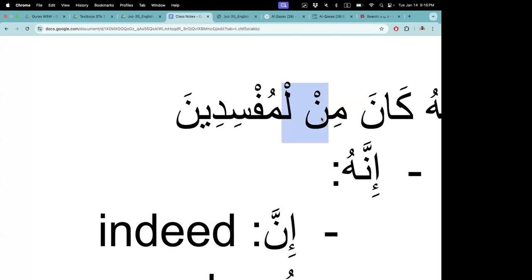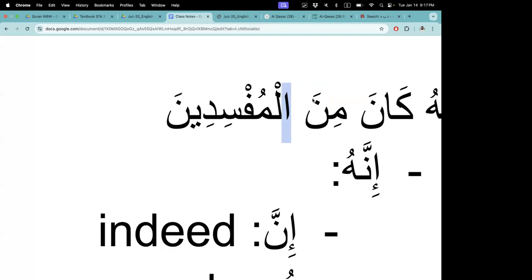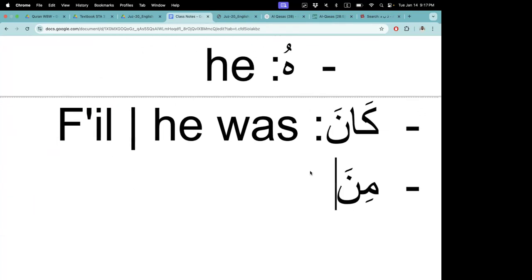Believe me, this is the actual rationale. I'm not making it up, okay? This is how they provide the rationale. So the na is added to it for the sake of connecting it to the next word. That's the reasoning. So min al-mufsidin, in fact, it's min, but the na is just because we needed to pronounce the word correctly.